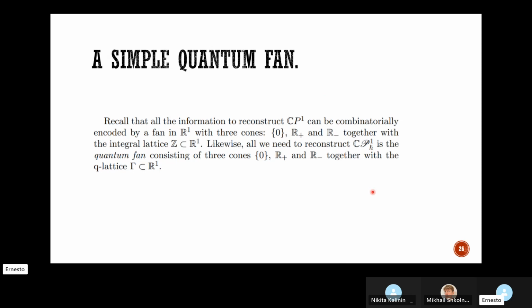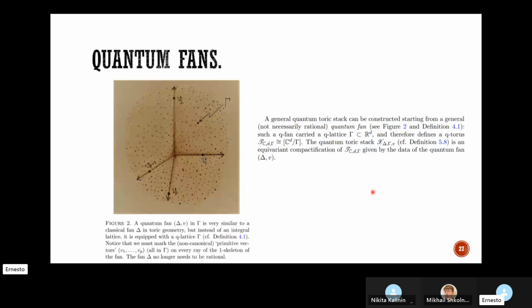I don't know if you see what I'm trying to say here. Yes. Okay, so now I would get that. So these are quantum fans. A more general quantum toric stack can be constructed starting from a general, not necessarily rational, quantum fan.